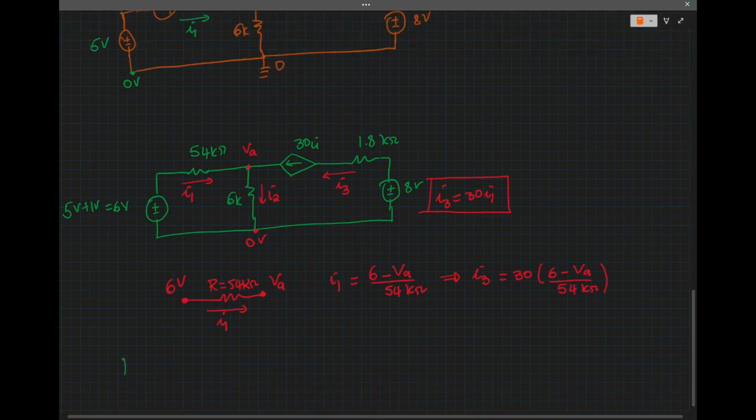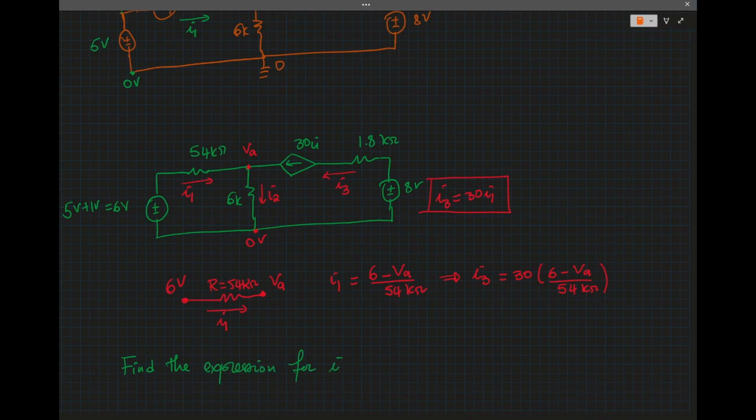Okay, so find the expression for I2. Right, so these are the steps. Step 1, we are going to label all the essential nodes and then select one as a reference node.